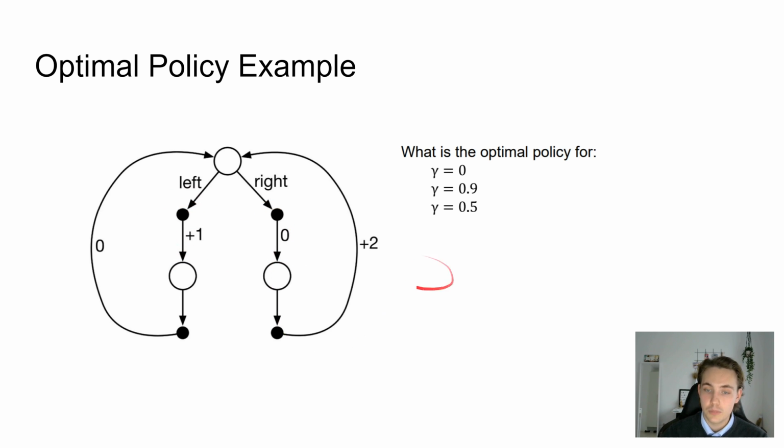But now we have gamma equal to 0.9, and we now care about the next step. So actually, when we have gamma equal to 0.9, we will get 1.8 for the expected return for taking the right path. So in the case that we have gamma equal to 0.9, we will take the right path. And if we want 0.5, it doesn't really matter which path we take, because the expected return would be 1 in either case.